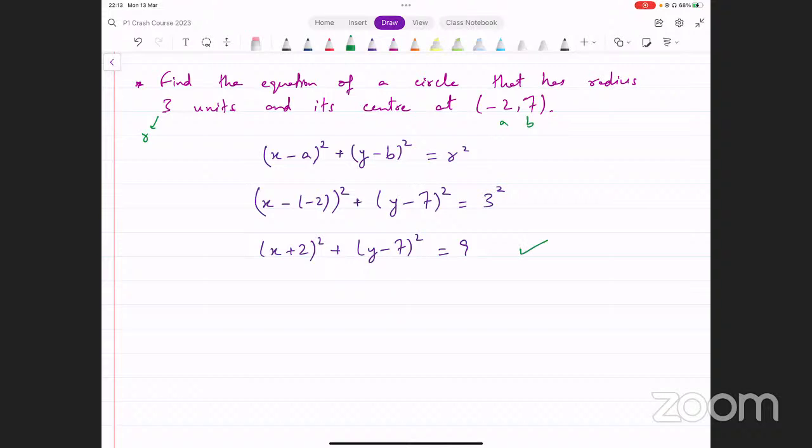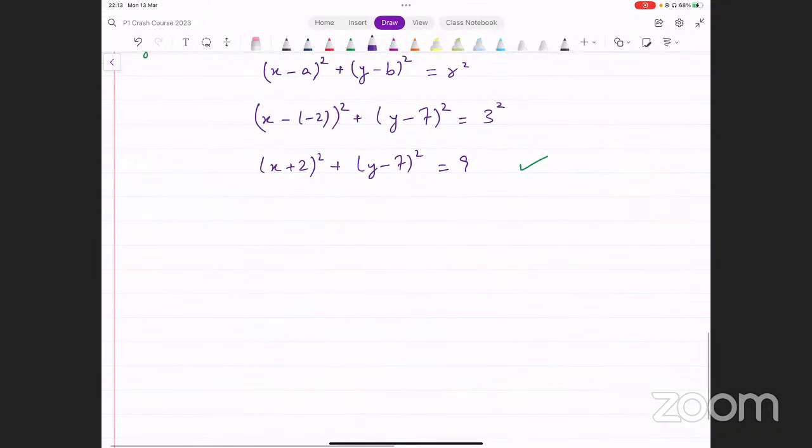This is one way to write down the equation. You could also expand it and write it in expanded form. It would become x squared plus 4x plus 4 plus y squared minus 14y plus 49, and bring the 9 to the left, equals 0.